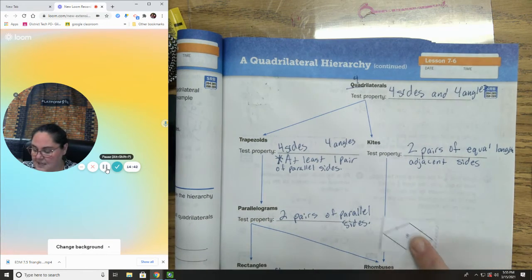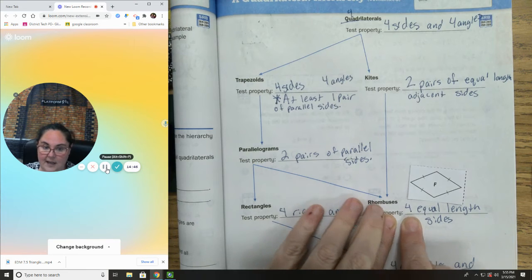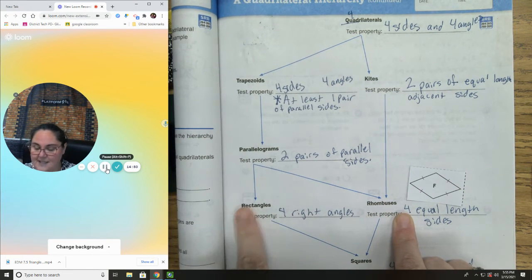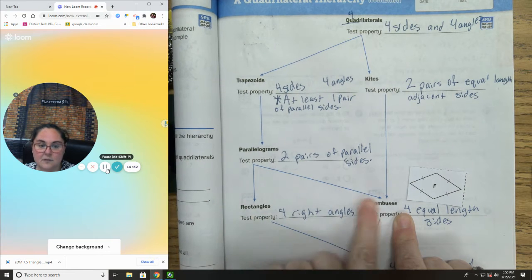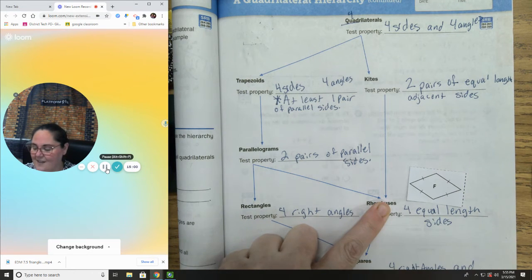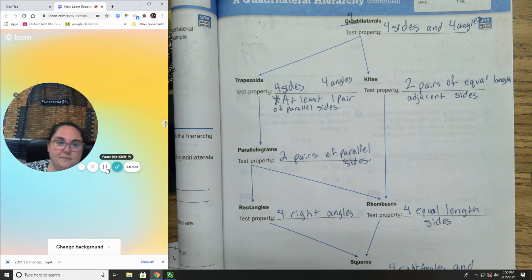All 3 of those things make this a rhombus right now. Okay. Let's check. It can't be a rectangle because I can't go backwards. Can it be a square? No, it doesn't have the right angles, so it can't be a square. That's how you use this little chart to help you out.